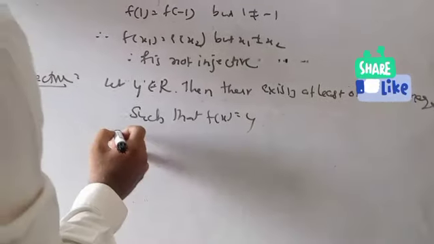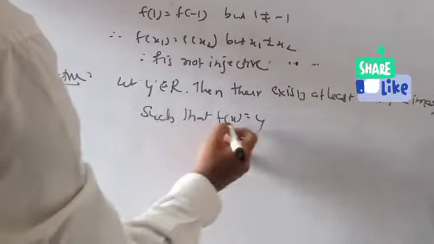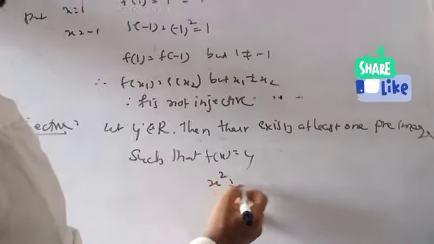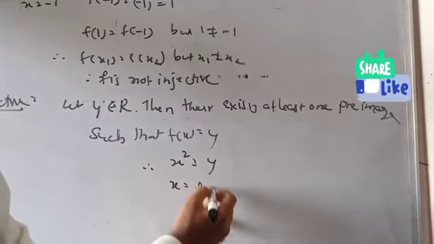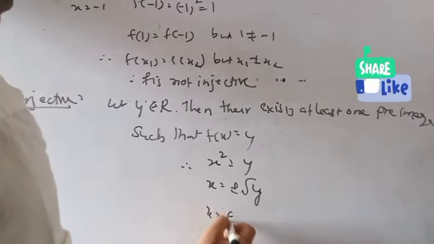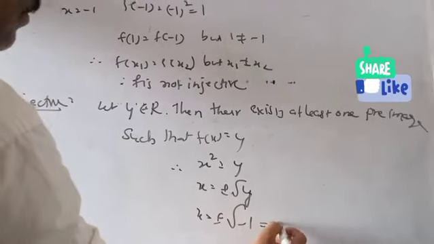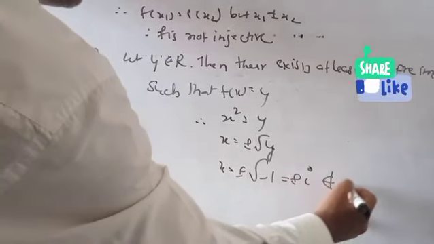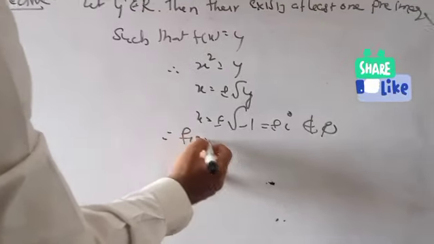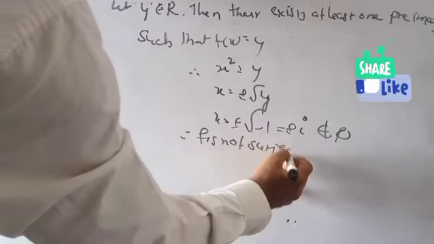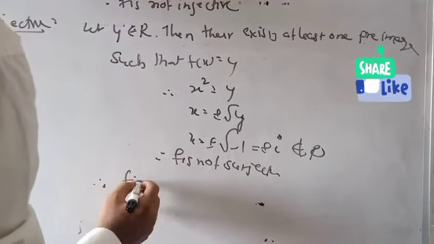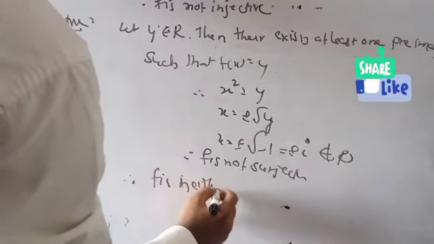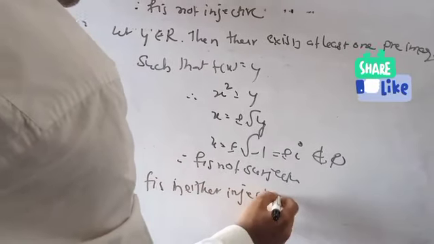Here f of x is equal to y means x square is equal to y, so x is equal to plus or minus root y. X is equal to plus or minus root of minus 1, which is plus or minus i, does not belong to the real numbers. Therefore, f is not surjective. Therefore, f is neither injective nor surjective.